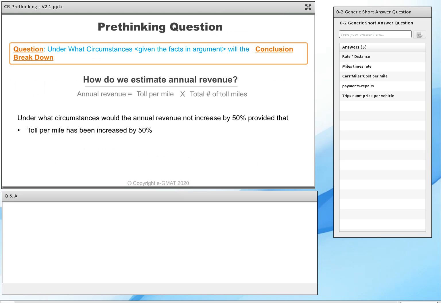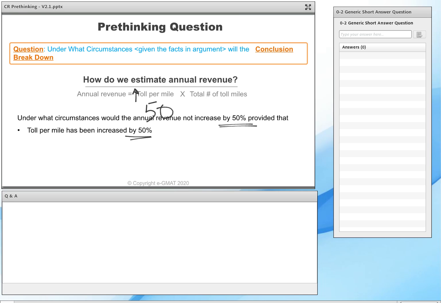Okay. So what are we given in this case? We know the toll per mile will be increased by 50%. That's already given to us, right? So under what circumstances would the annual revenue not increase by at least 50%, provided the toll per mile goes up by 50%? We already know that.